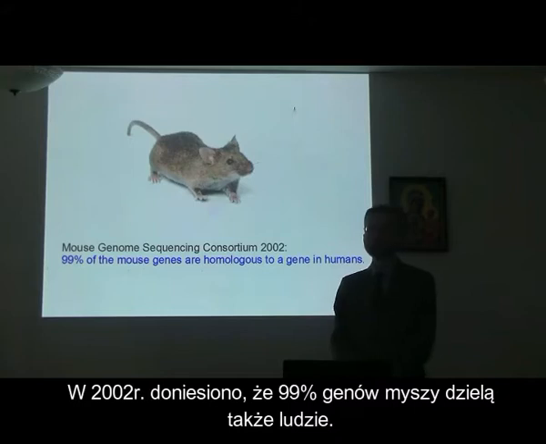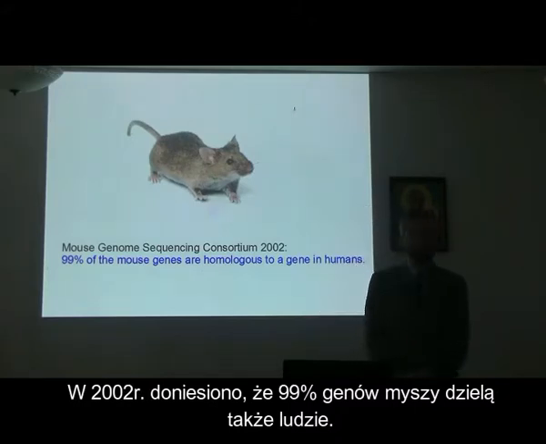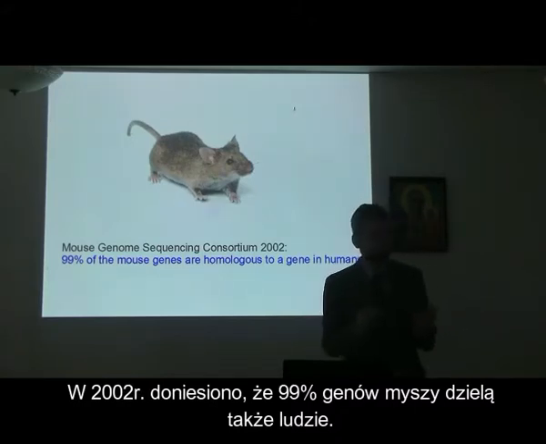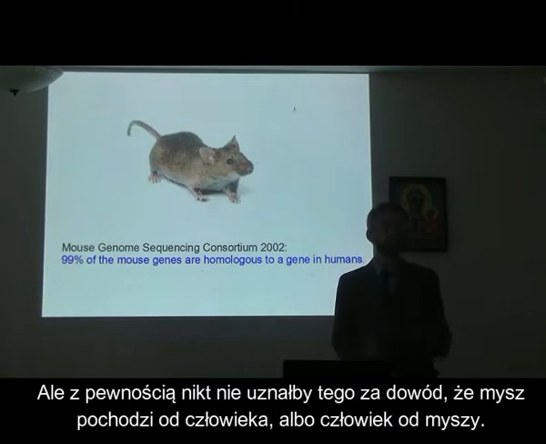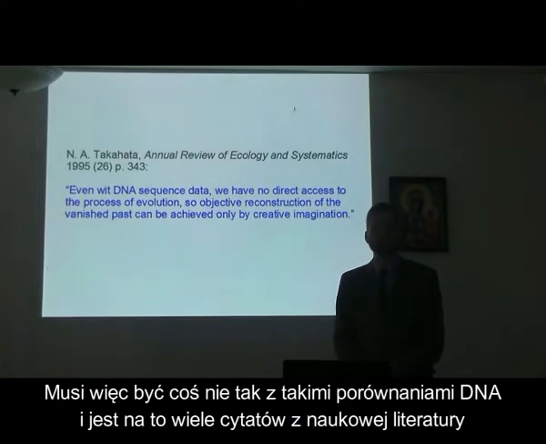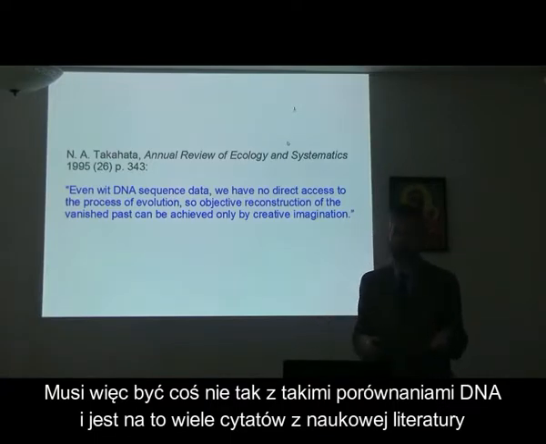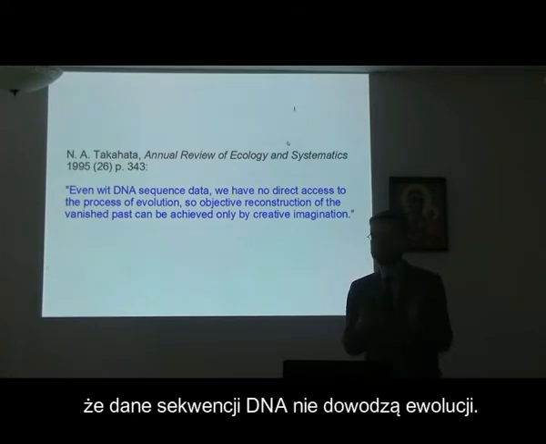In 2002 it was reported that 99% of the mouse genes are shared with us humans. But certainly nobody would take this as a proof that the mouse came from the man or man came from the mouse. So there must be something wrong with such DNA comparisons, and we can read this in many quotations from the scientific literature that DNA sequence data does not prove evolution.